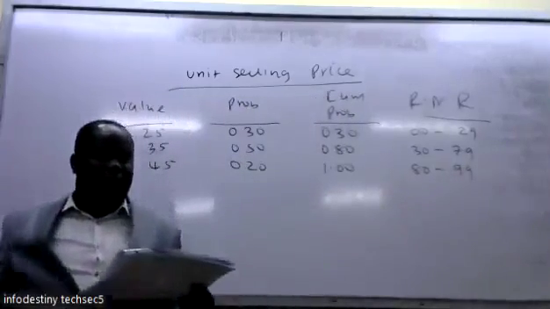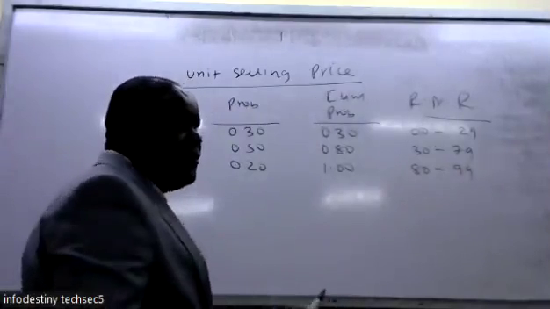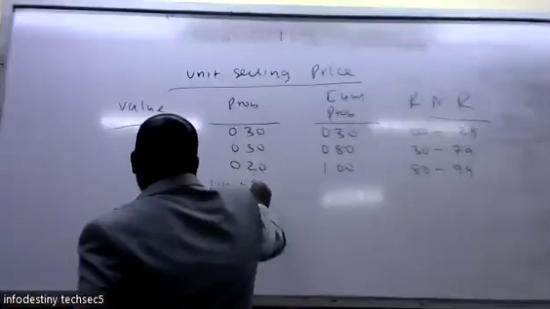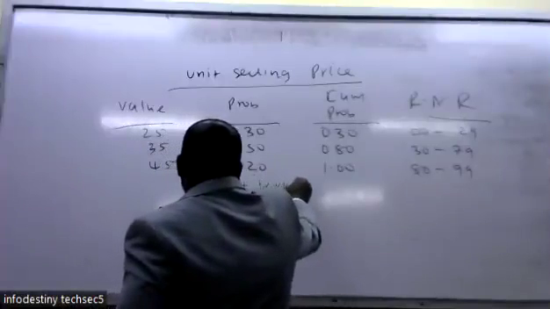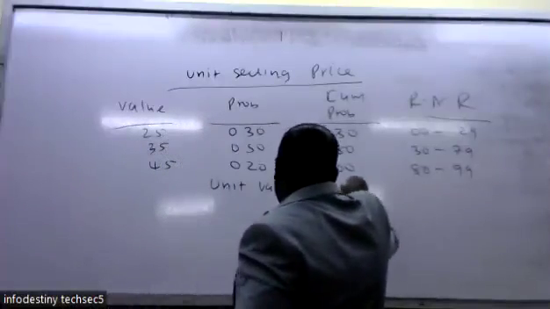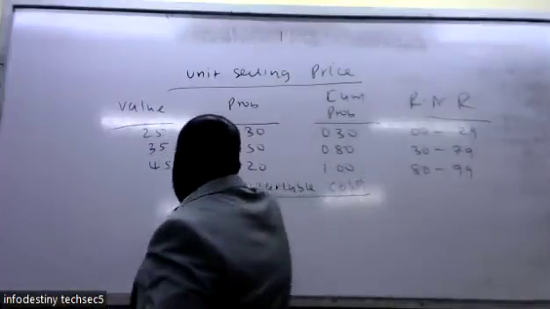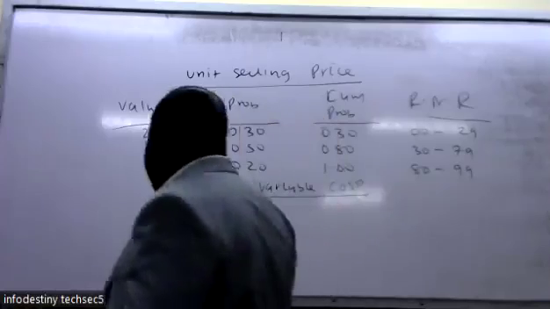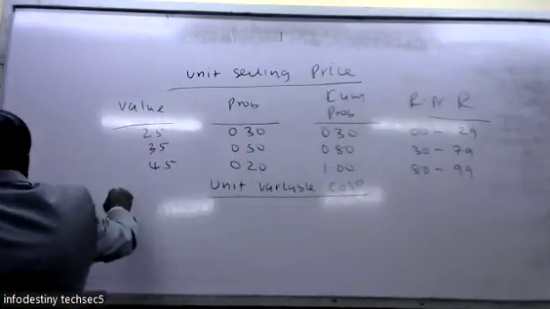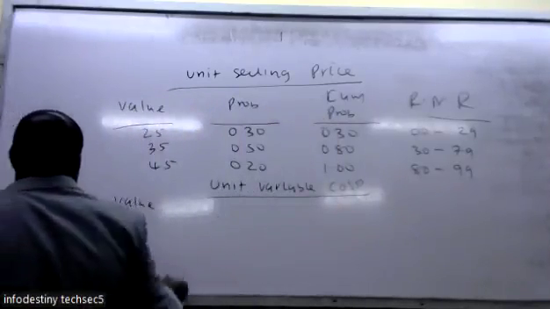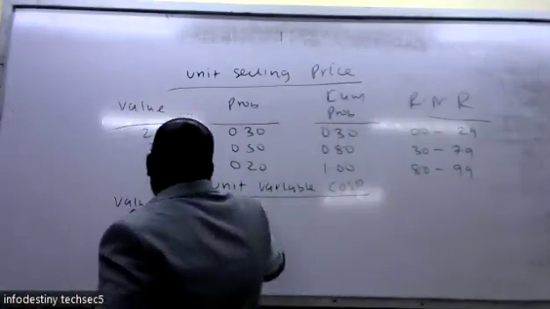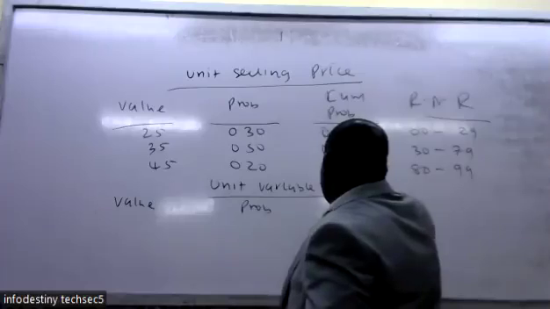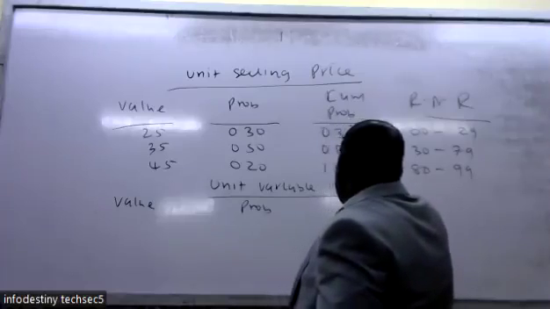We also do the same for the unit variable cost. For the unit variable cost, there is also the value, then probability, also cumulative probability.